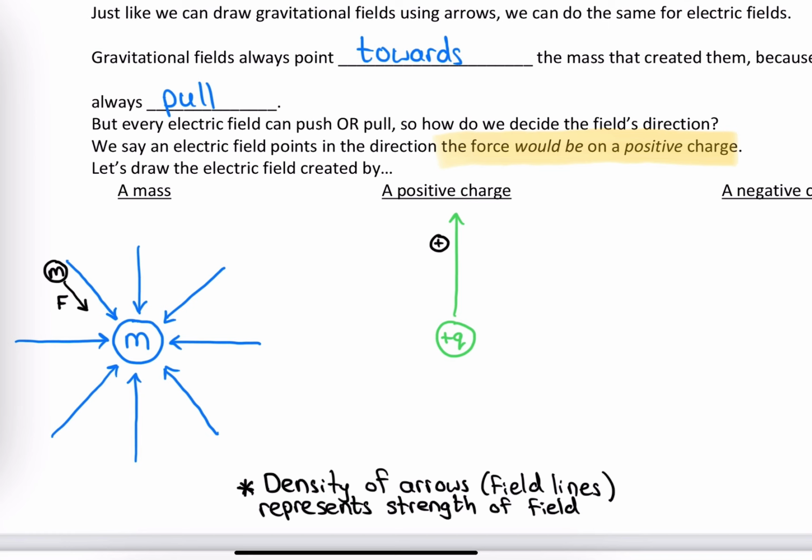Up is the direction that the force would be on a positive charge. And then we can use that same logic to realize that no matter where I put a positive charge, it's going to be pushed away from this positive charge in the middle. So my field lines are all going to be going away.